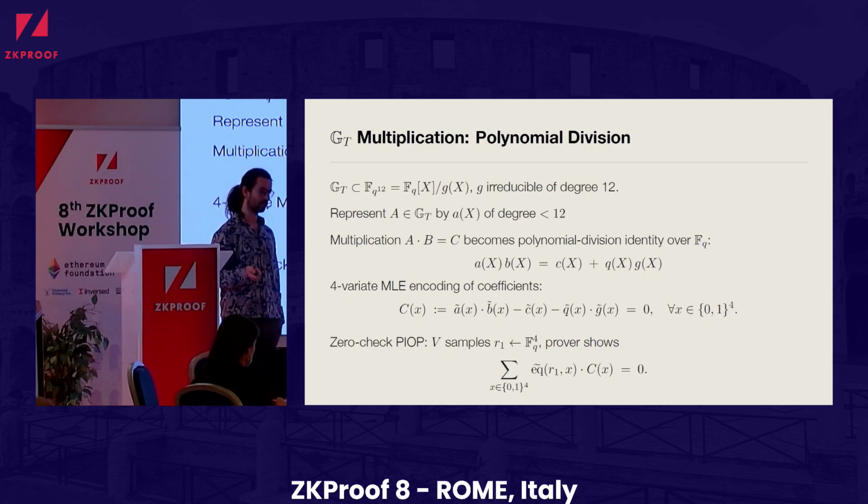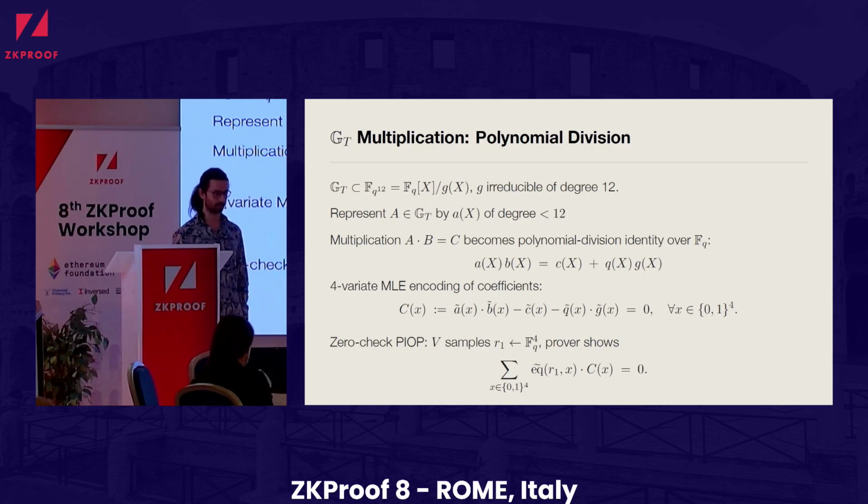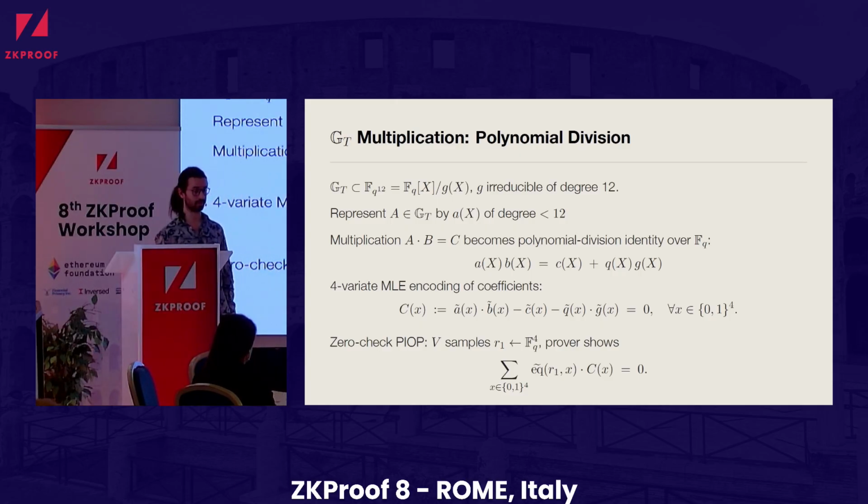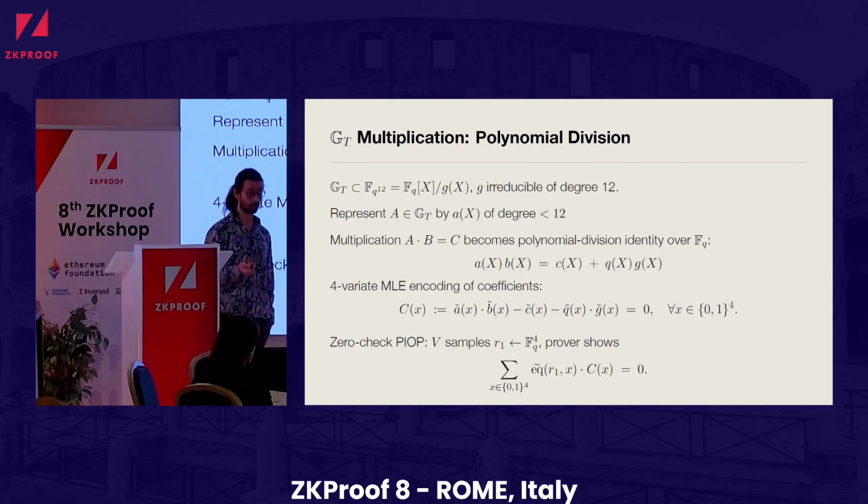So there are 2 types of operations on the target group: multiplication and exponentiation. The target group is basically an extension field of degree 12. So we can represent any element of this target group as a polynomial of degree less than 12. And multiplication is equivalent to this equation with some quotient polynomial and our g, which is the irreducible polynomial of degree 12.